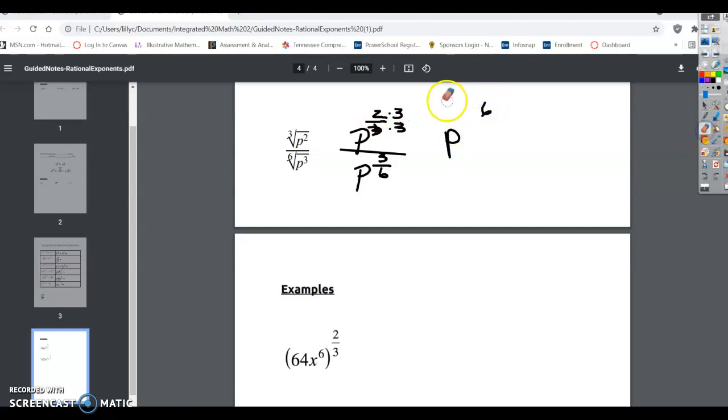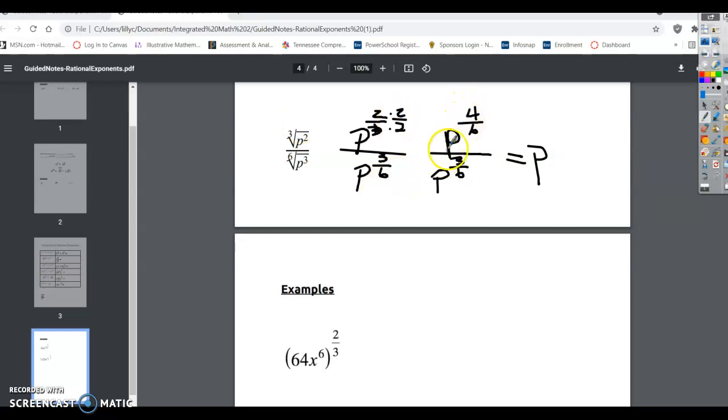All right, so I'm going to have p to the 6. Oh, I multiplied by the wrong thing. Hold on one second. I need 6 as the denominator, so I need to multiply by 2 instead of 3. All right, so I'm going to have 4 over 6, and then p to the 3 over 6. Now I can subtract. Remember, the property says if you have division, you can subtract from top to bottom.